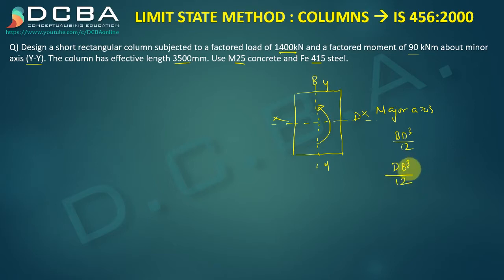So this is always lesser than this one. This is called IXX, and this is called IYY. This is the major axis moment of inertia, this is the minor axis moment of inertia. And what is given to us? That the factored moment is acting about the minor axis, so the moment is like this, about this axis. I hope you understood this.